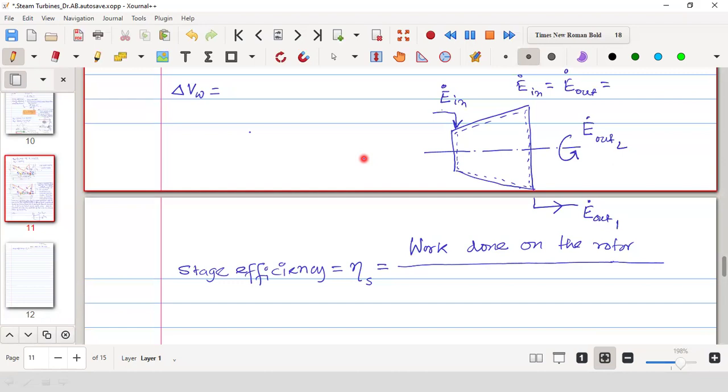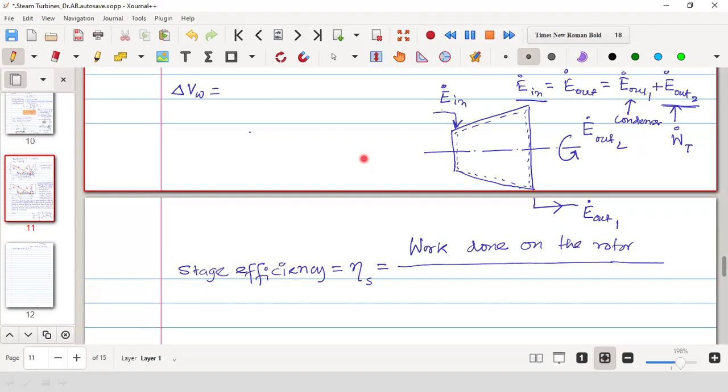Energy out 1 is leaving with the steam to the condenser, and energy out 2 is basically our turbine work, W dot T, turbine. The steam energy is of course more than the turbine work, right? So there you can see the conversion.